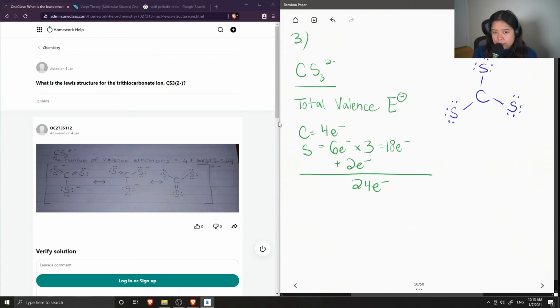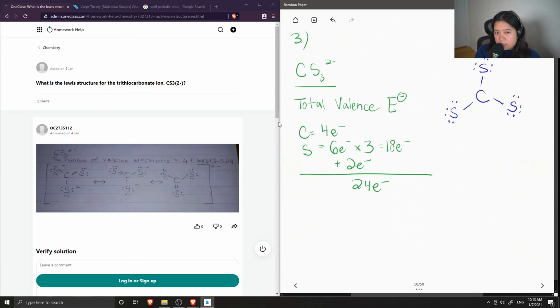So if I look at my structure and see what I've drawn so far, you'll notice that I do have 24 electrons in total, if we remember that each bond contains 2 bonding electrons.